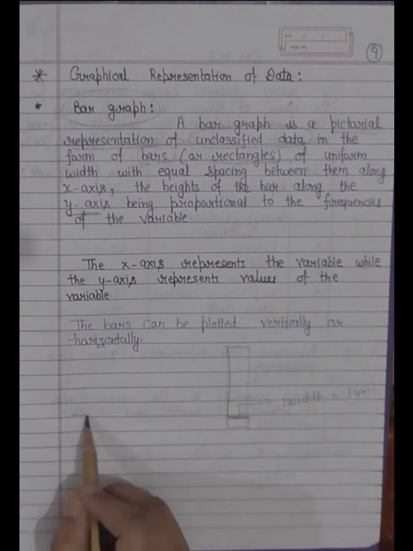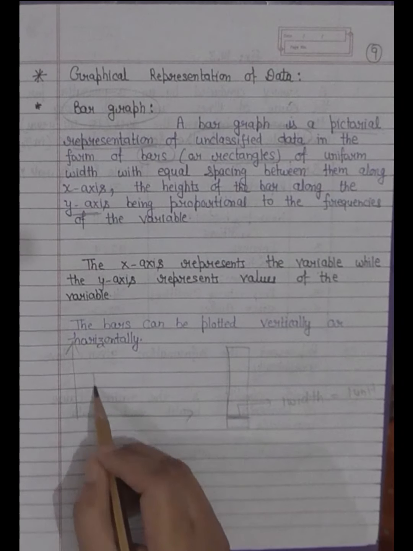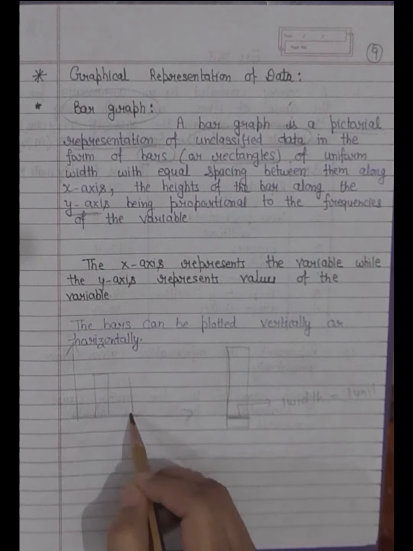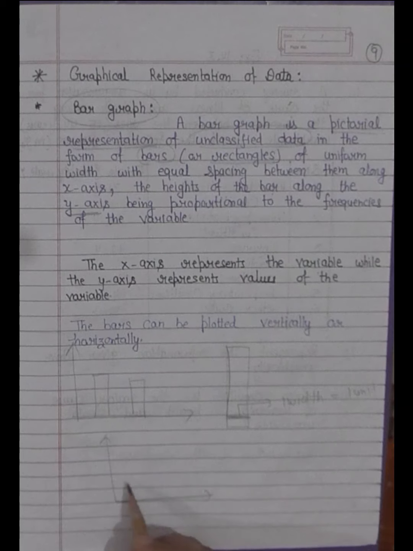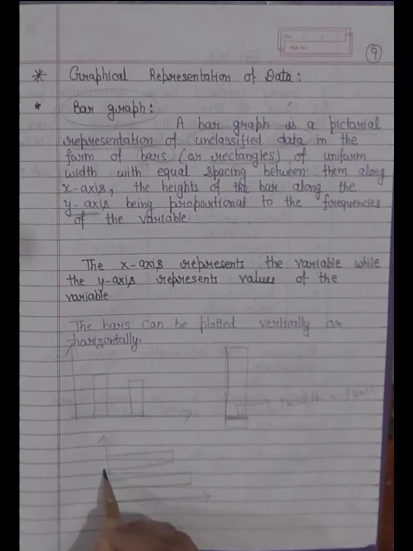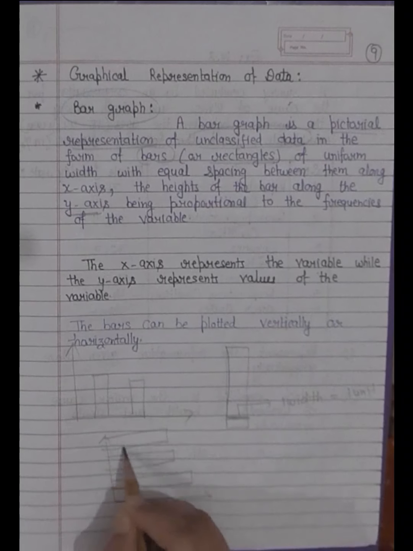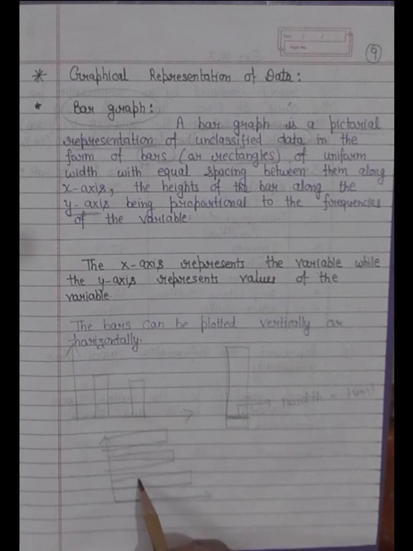It means when we draw bar graphs, it can be like this, vertically, and it may also be like this, horizontally. So the bars can be plotted vertically or horizontally.